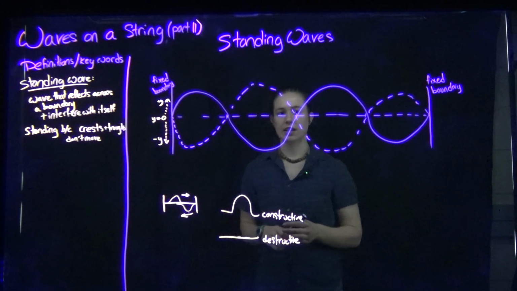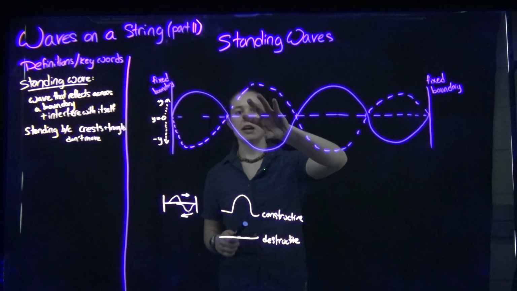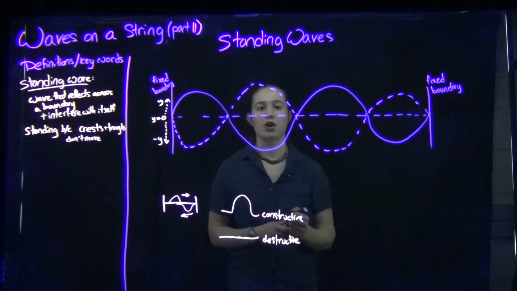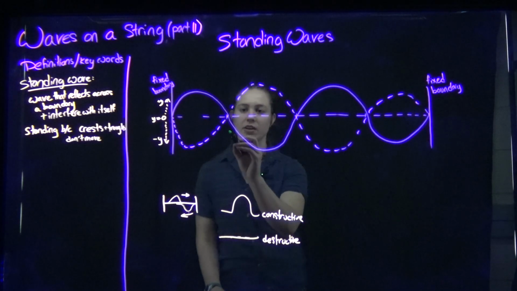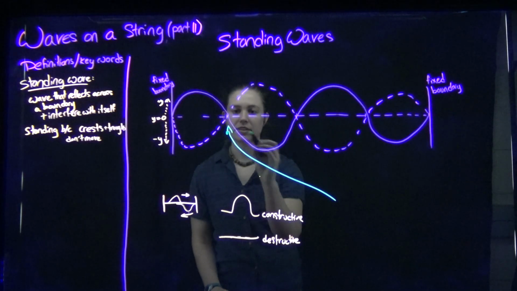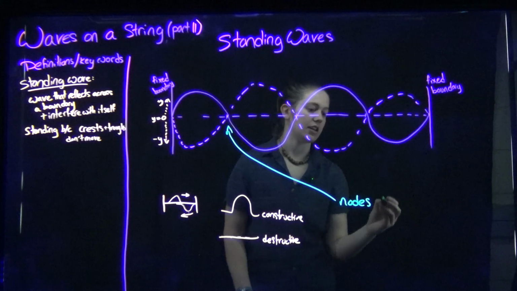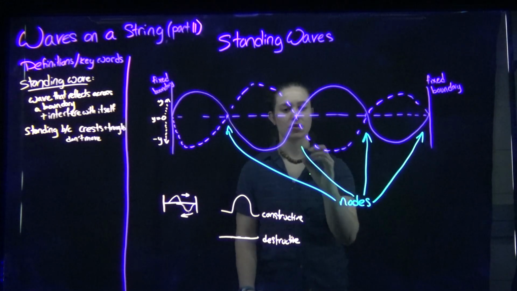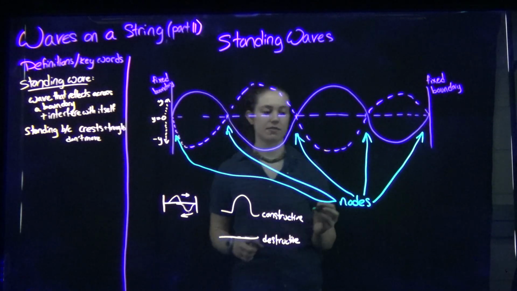If you notice, in this waveform, we have areas where there's a ton of vibration and areas with no vibration. We call these areas nodes. And if you see, we have 1, 2, 3, 4, 5 nodes.